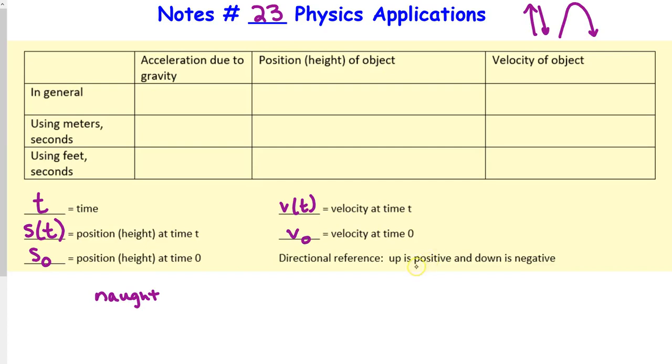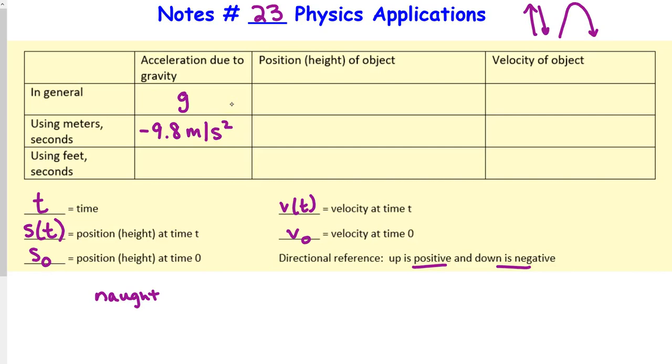Now for direction, up is going to be the positive direction and down is going to be the negative direction. So if something is going upward, it has a positive velocity, and if it's going downward, it has a negative velocity. We use the letter G in general to stand for the acceleration due to gravity. But if you're working in meters and seconds, then the acceleration due to gravity that we will use is negative 9.8 meters per second squared.